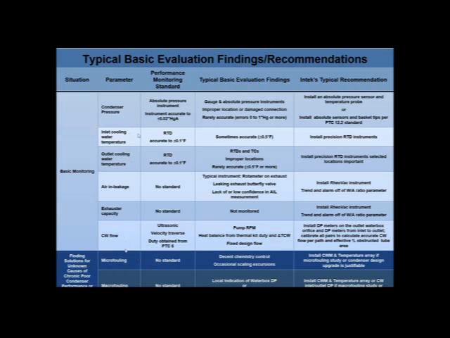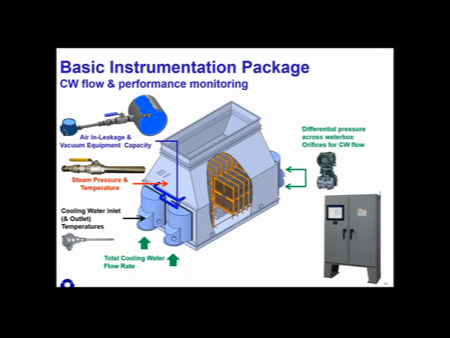You can read through this, but it's a big summary of all the slides that I just showed. And this is what a package would look like, if you were wanting to upgrade parts of it or all of it: temperature, pressure, a re-evac monitor, and cooling water flow monitor.